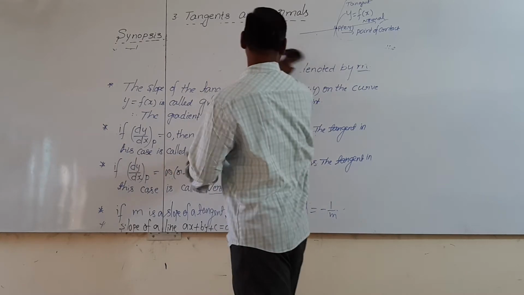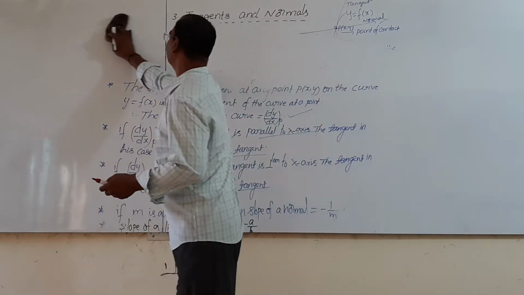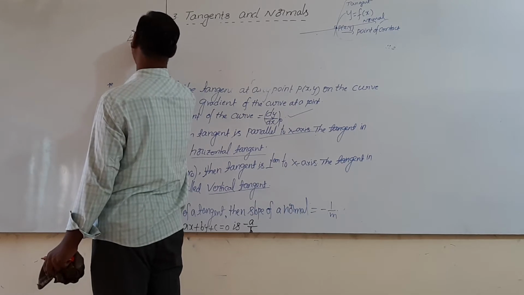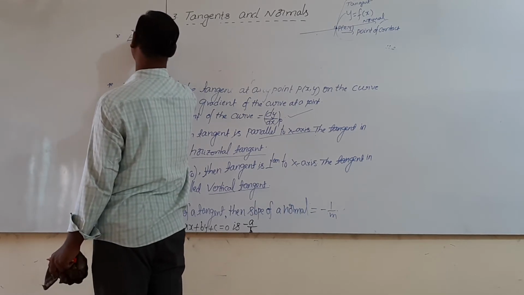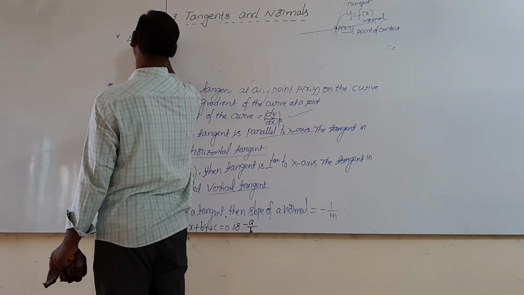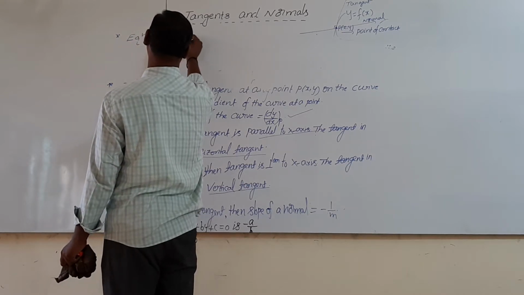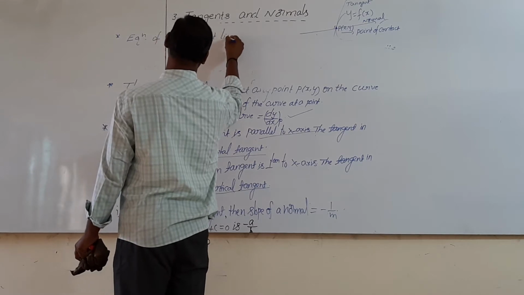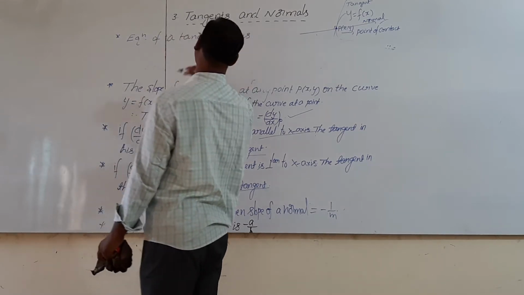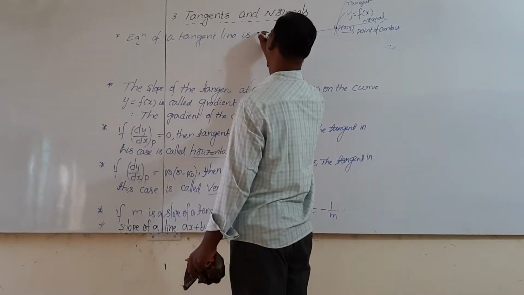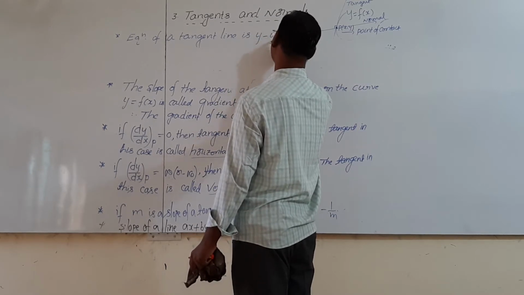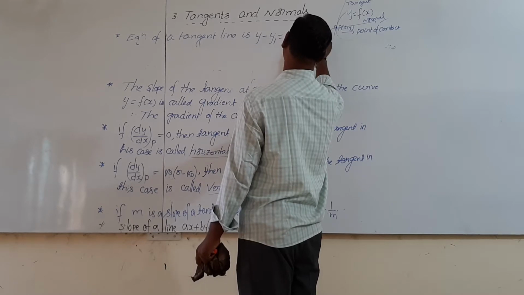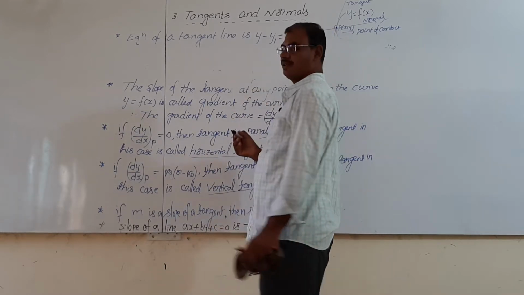Now, next continue concept, the equation of a tangent line. The equation of a tangent line is, as you remember the formula studied in theory, y minus y1 is equal to m into x minus x1.